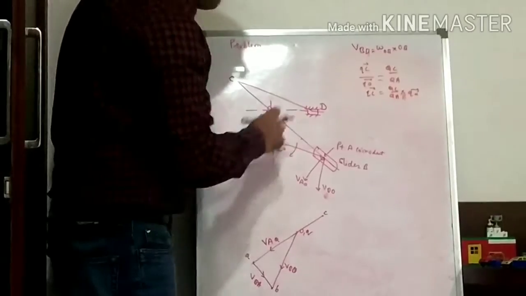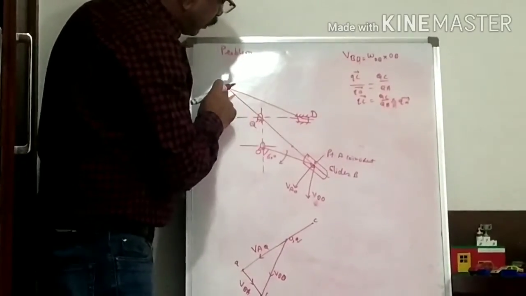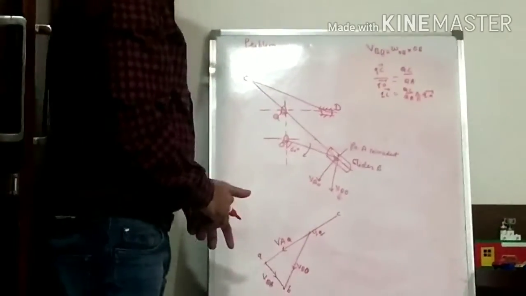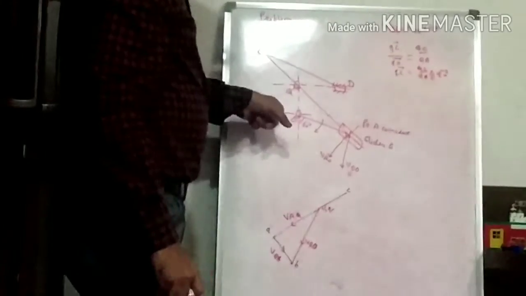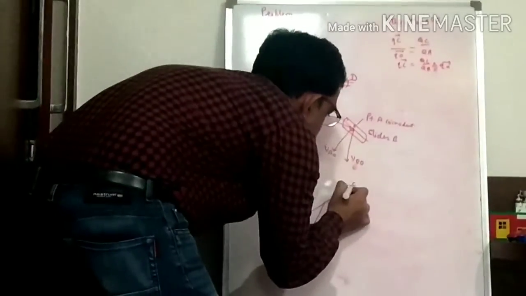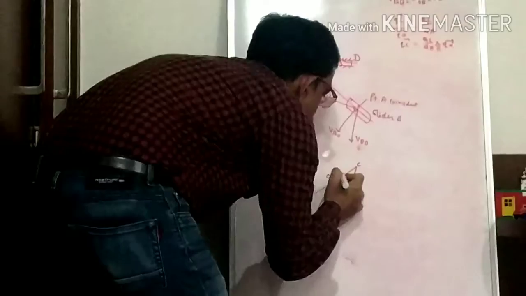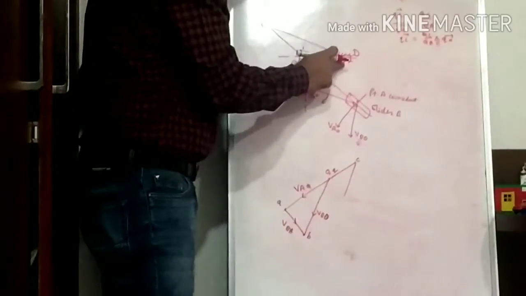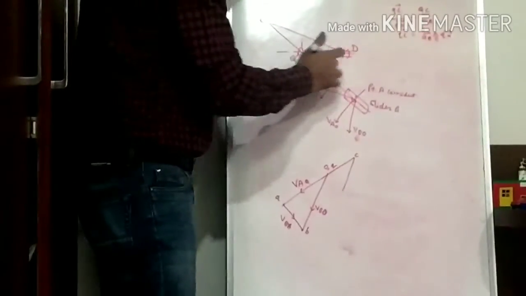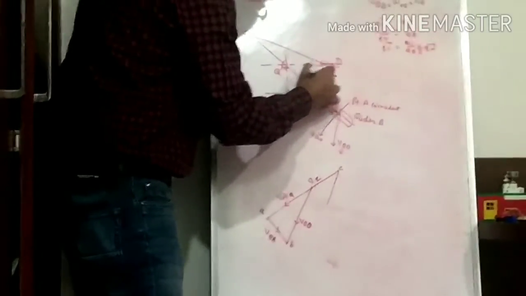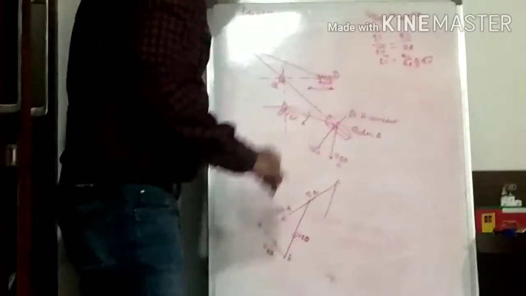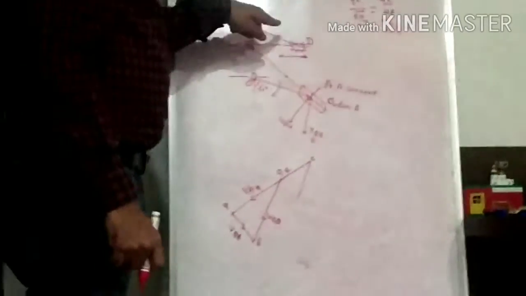Then next, the velocity of slider D with respect to C. We have to draw the vector from point C which is perpendicular to link CD. Then the velocity of slider D with respect to the fixed link. Slider D has motion along the horizontal line, the line of stroke in the horizontal direction.